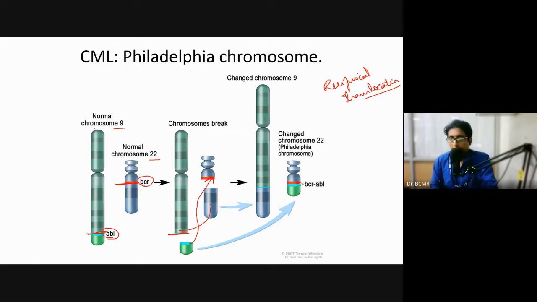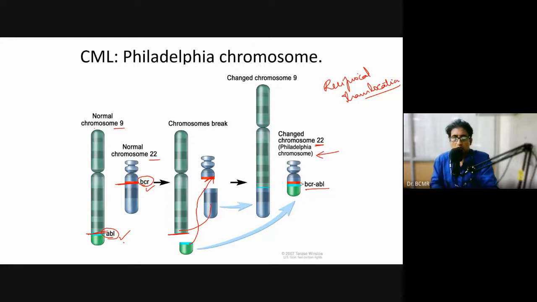And now we have a new fused gene formed. We had ABL and BCR, and now on chromosome number 22, which is referred to as the modified one after reciprocal translocation, there is a name given to it. It is called the Philadelphia chromosome, and it has a fusion protein, BCR-ABL.